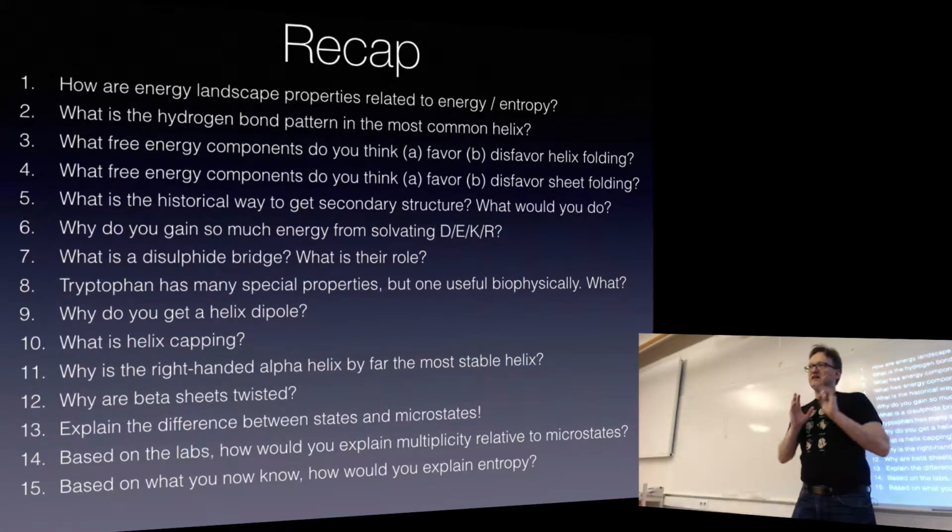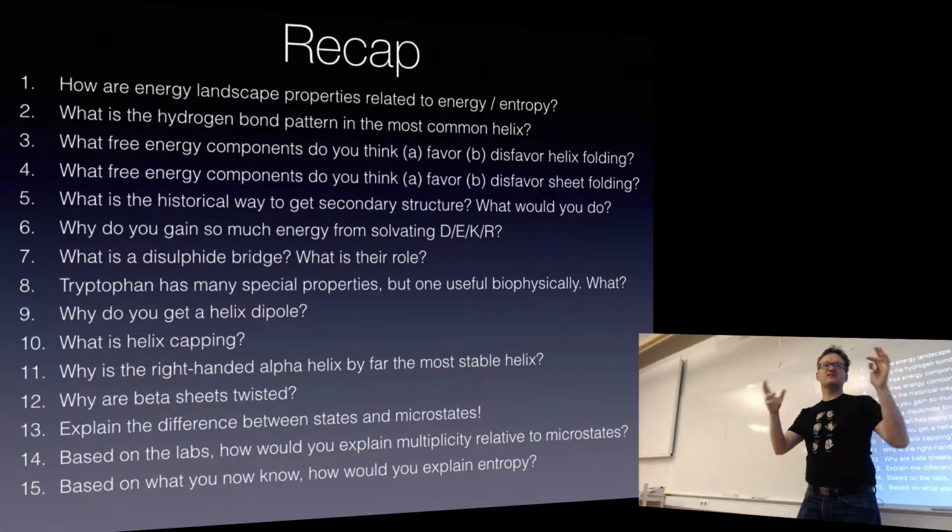If you only look at individual states, the state with the lowest energy is going to be the most likely one. But if you start grouping these states together based on energy, the size of the states will also matter, the multiplicity, and that's what came up in the lab.